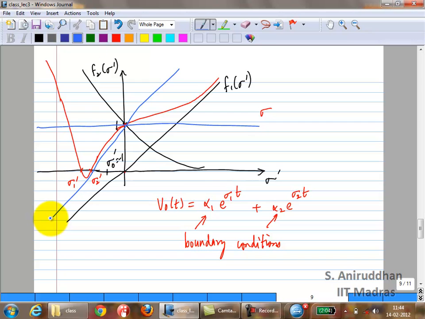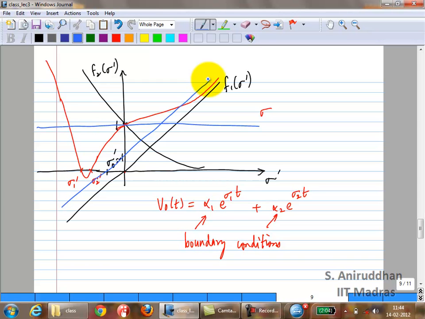Now I see what the problem is. It's going to look like this. Obviously it needs to cross sigma naught equals minus 1.